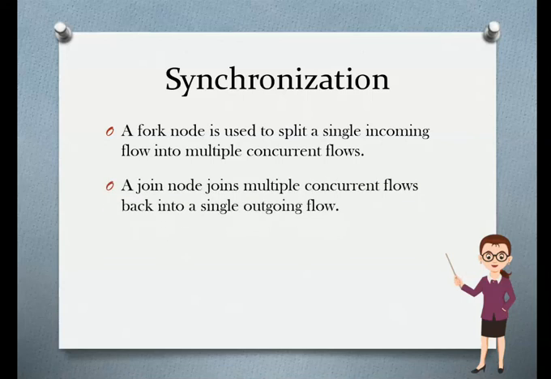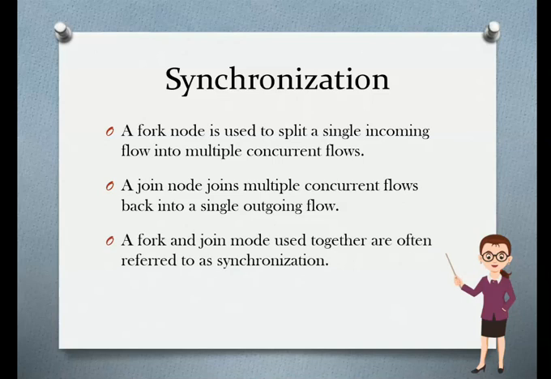A join node is used to join multiple concurrent flows back into a single outgoing flow. So to combine multiple activities into one particular activity, we use a join. Synchronization bars are represented by thick horizontal or vertical bars. Fork generally represents the separation of a control flow. Understood?